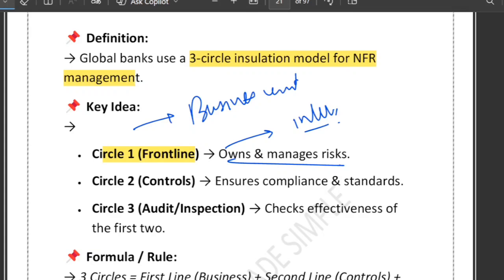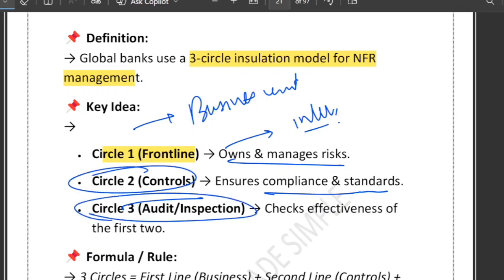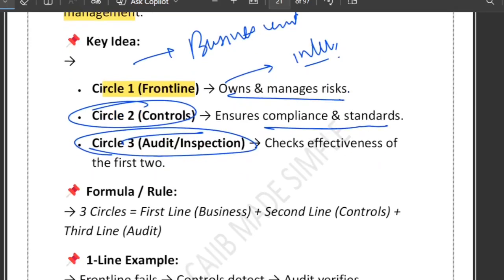Then we have the control. The second circle is control, that is risk and compliance. They ensure that everyone follows the rules, policies, and standards, and any gap missed by circle 1 is detected in circle number 2. Circle number 3 is audit and inspection. That is the final layer of defense. It independently checks whether circle 1 and circle 2 are functioning properly.